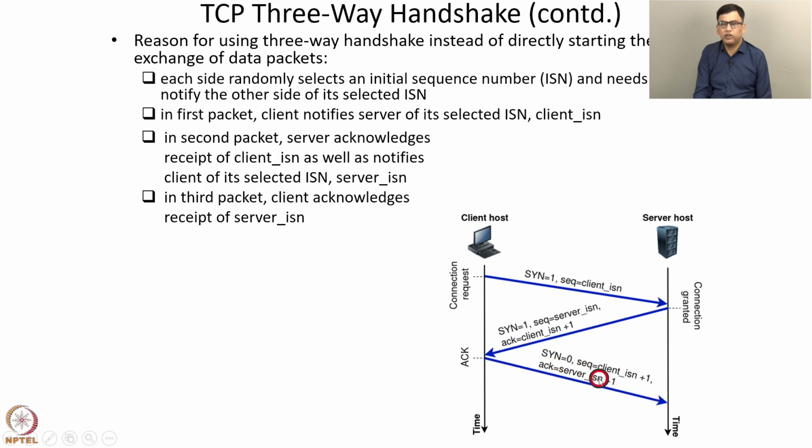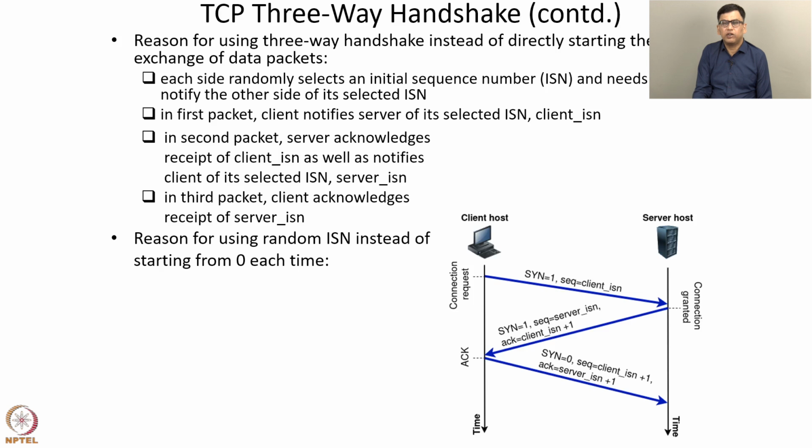So this is the reason that these three messages are required. This message is used to inform the client ISN to the server. This message acknowledges the client ISN, and then it informs the server ISN to the client, and then this message acknowledges the packet containing the server ISN. So that's the reason that 3 packets are required in the TCP handshake.